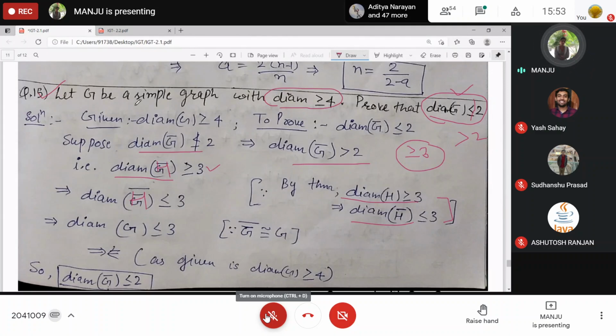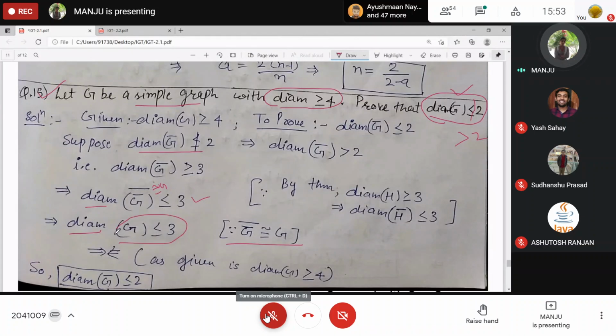And obviously we know that the complement of a simple graph will again be simple. The complement of the complement is isomorphic to G, right? Clear? So the diameter of G is at most 3.